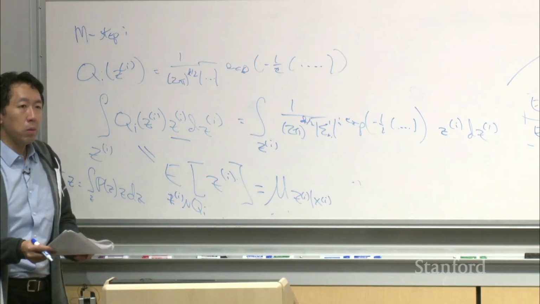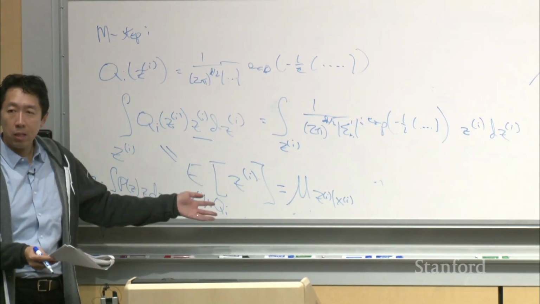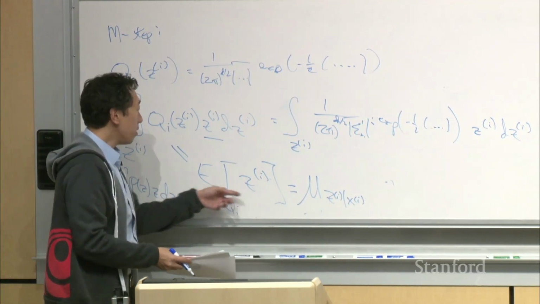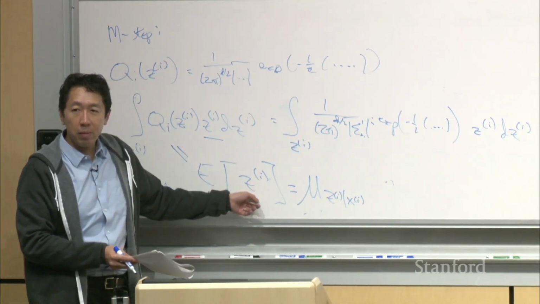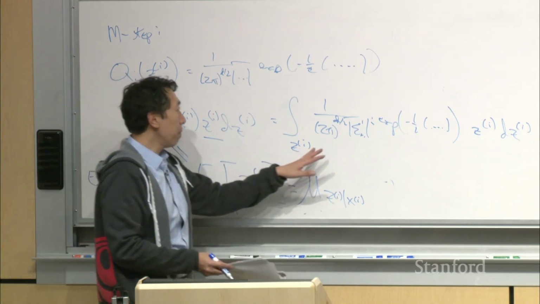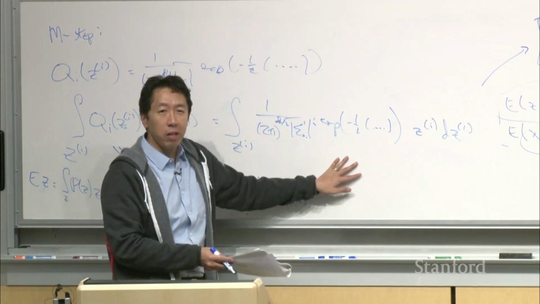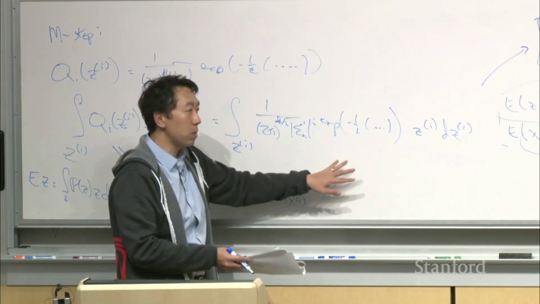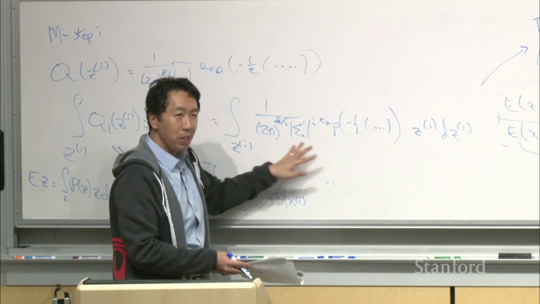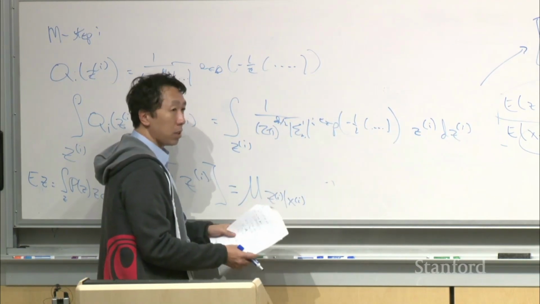And so when students derive the M step for EM implementations of Gaussians, one of the key things to notice is when are you actually taking an expected value with respect to a random variable, in which case it's just the value you've computed already, and when do you need to plug in this big complicated integral, which can lead to very complicated, very intractable calculations. So whenever you see this, think about whether you need to be expanding a big complicated integral or if it can be interpreted as an expected value.